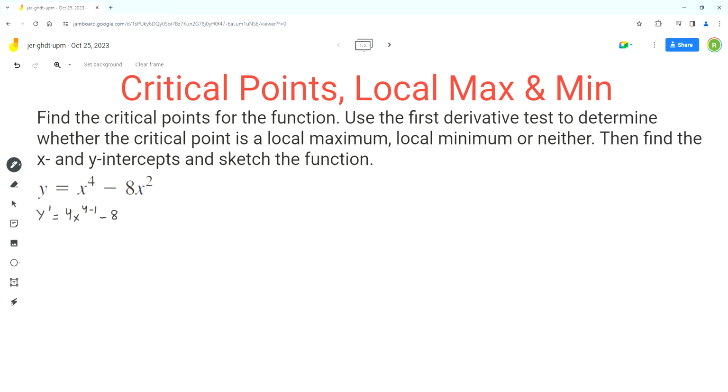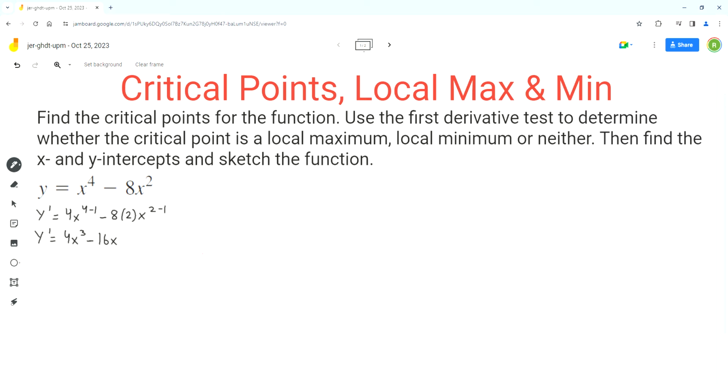And now we'll use the power rule for x squared: we move the exponent to the front and subtract 1 from it. So now we get y prime equals 4x cubed minus 16x. The exponent of x is 1, but we don't write 1 as an exponent.